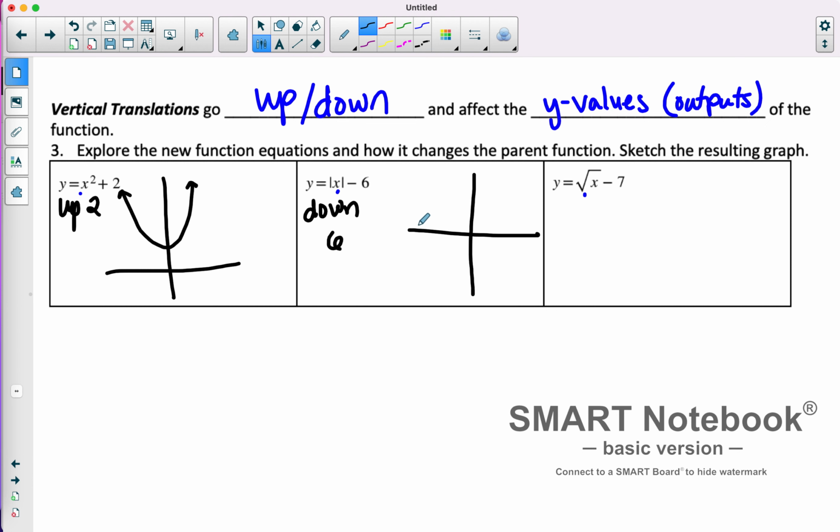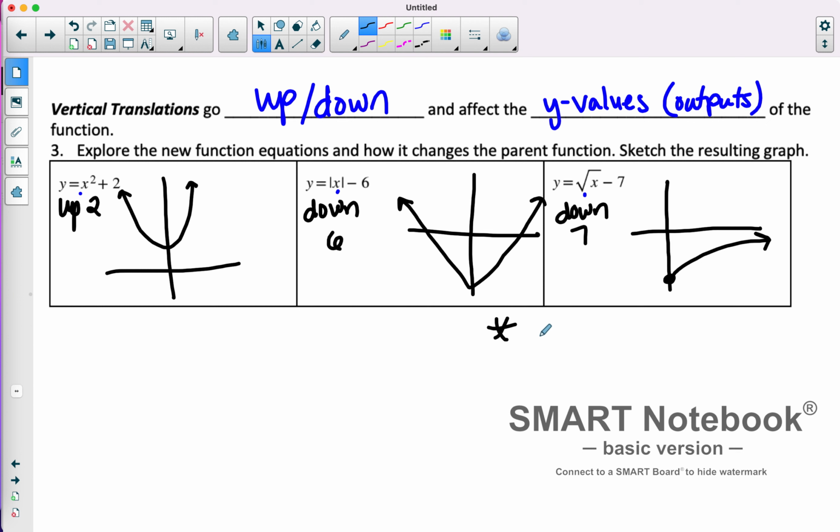We still have an absolute value shape, but it goes down 6. The square root of x minus 7 moved down 7. So what was at 0, 0 now is at 0, negative 7. And it's going off to the right still, so down 7.